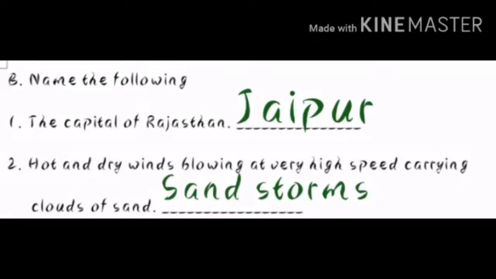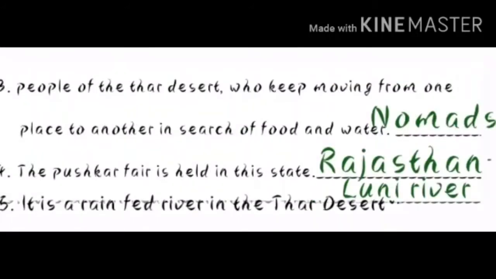Children, I will repeat again. The capital of Rajasthan, Jaipur. Second one. Hot and dry winds blowing at very high speed, carrying clouds of sand. Sandstorms. Third one.